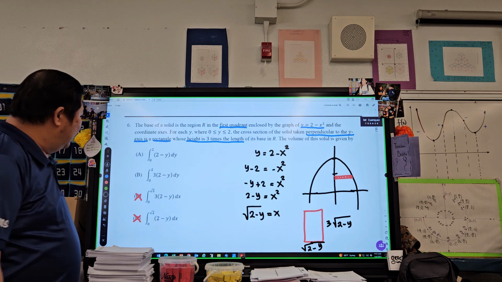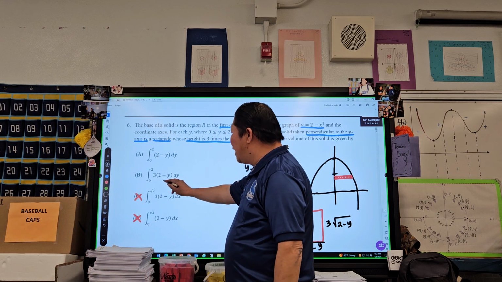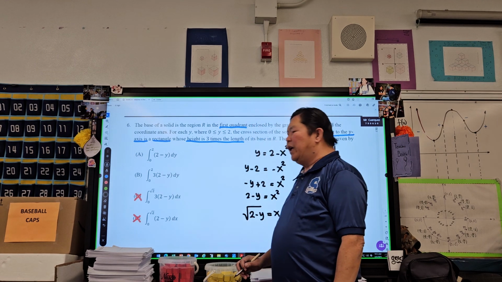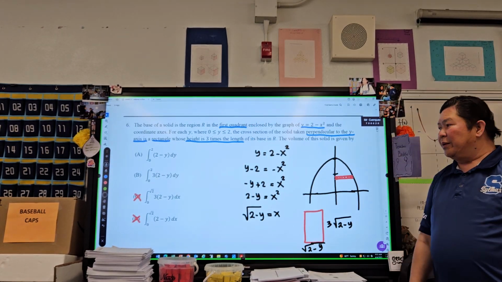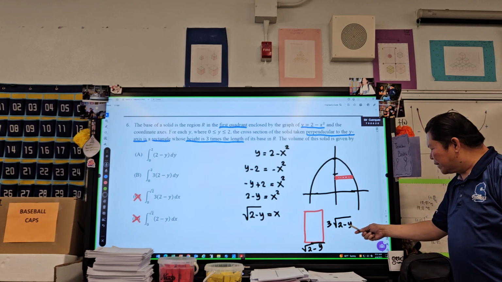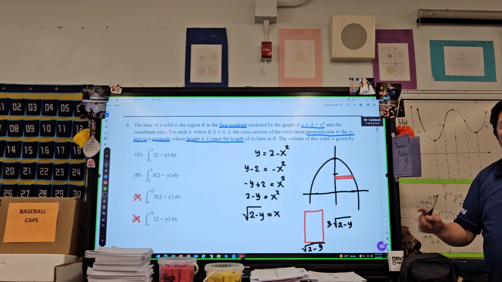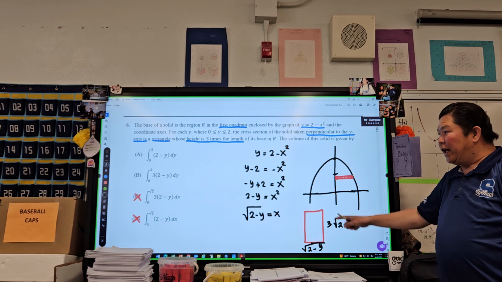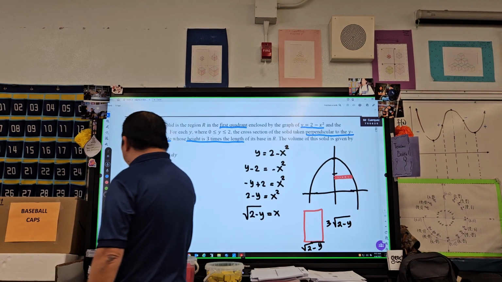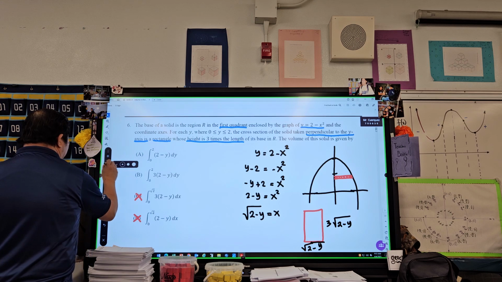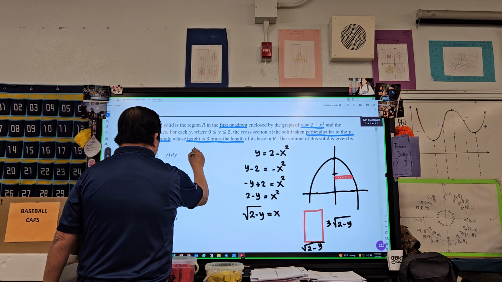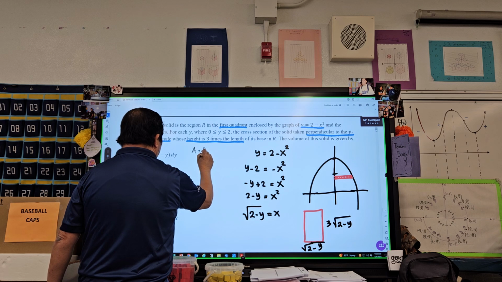Now, Mr. Roy, how is it that the answer is B, which is the integral from 0 to 2, and then 3 times 2 minus y? So what to do? Multiply this. Okay. So I think I'm gonna have to reduce this one. So area is base times height, right?